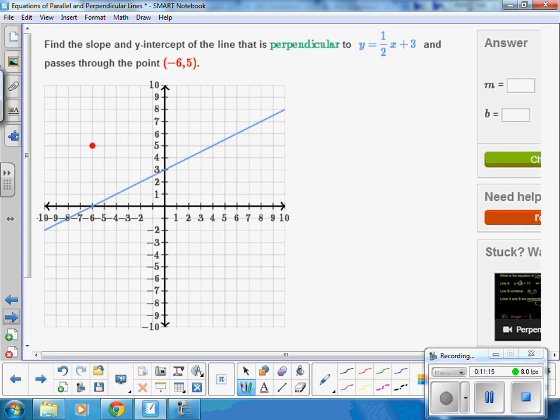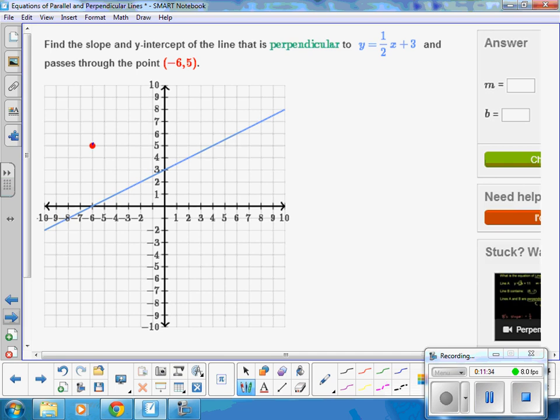All right, on this one, it says find the slope and y-intercept of the line that is perpendicular to y equals 1/2 x plus 3 that passes through the point negative 6, 5. At negative 6, 5, this is where we're at, the little red dot. So we want the line that is perpendicular.